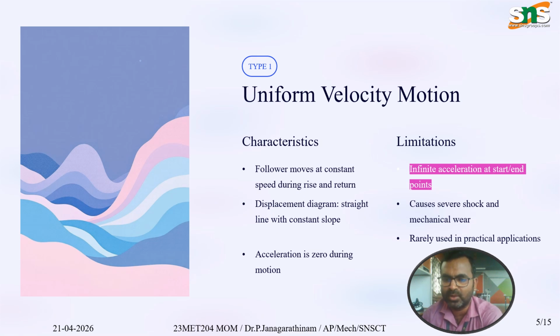Acceleration is zero during the motion. Some of the limitations are infinite accelerations at the start and end points, which cause severe shocks and mechanical wear. It is rarely used in practical applications. These are some of the limitations of uniform velocity motion.